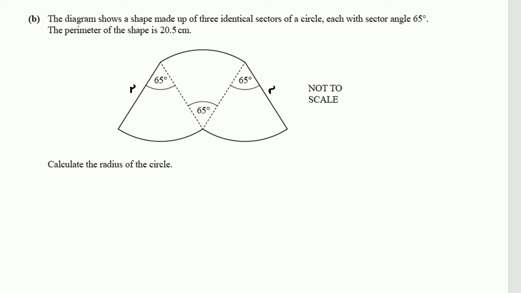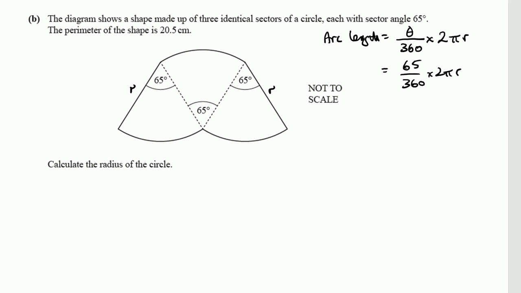If I was working out the length of the arc, I would need to use the arc length formula. The arc length is equal to whatever the angle is, theta over 360, times the circumference of a circle formula, 2 pi r. So this thing over here, in this case, is 65 over 360 times 2 pi r.